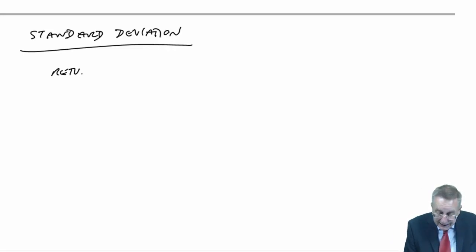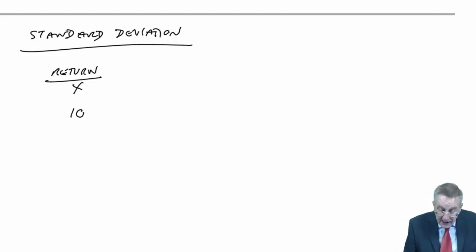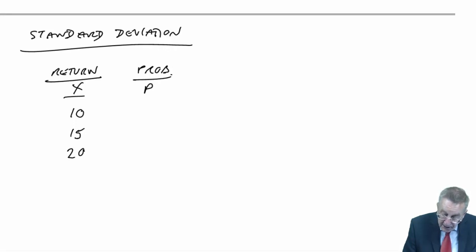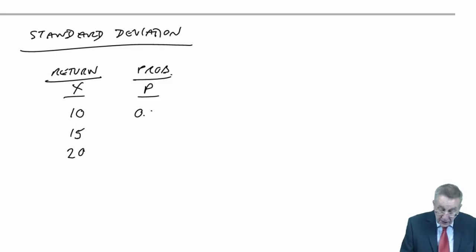The return, which for the formula I'm going to use, I'll call X. It could be in dollars, here it's in percentage, doesn't matter. But it's either 10, 15 or 20. The probabilities, which I'll call P for probability, are 0.2, 0.5 and 0.3.